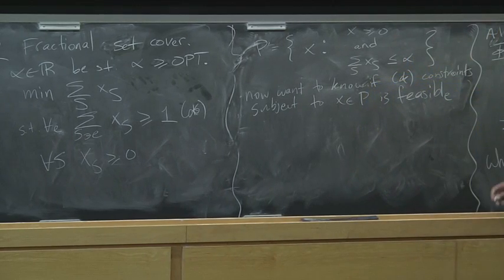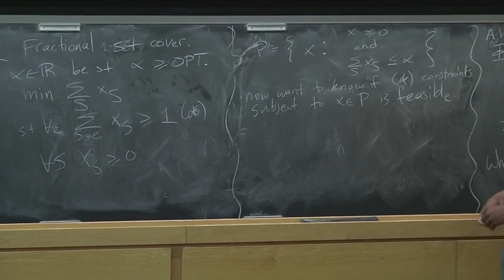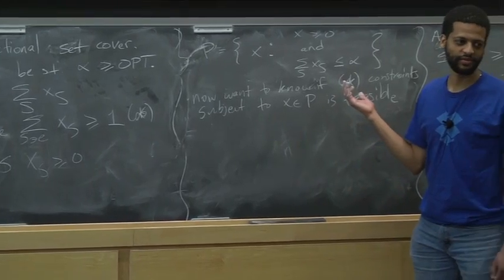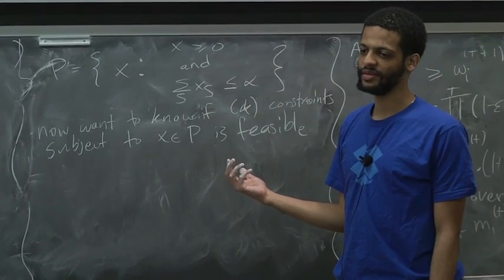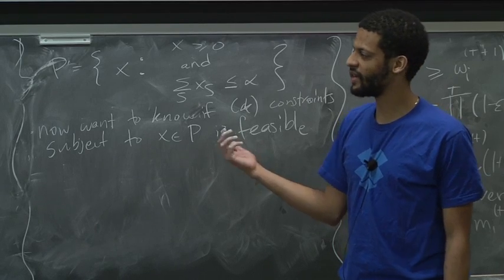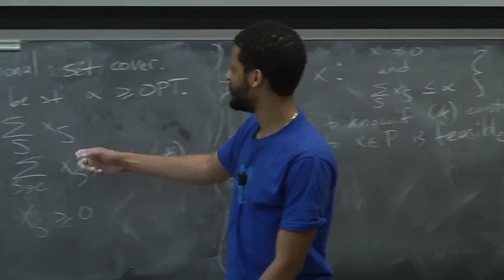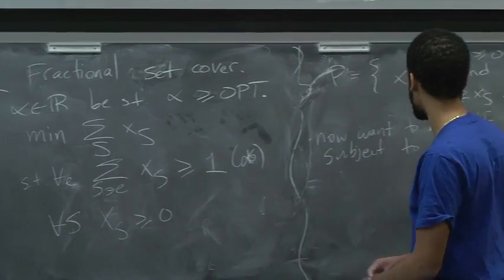So that's the way we're actually going to use multiplicative weights. But you don't actually know this alpha, right? So, what would you do? Suppose you had a way of deciding feasibility of this. What would you do to figure out the optimal value now? Yeah, binary search, right? So binary search on alpha.